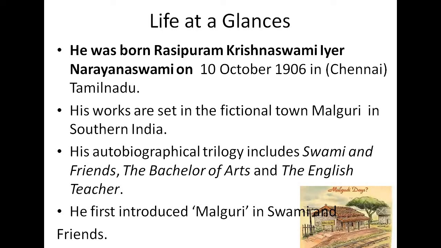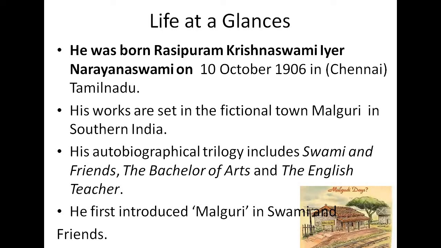Now, because it was a fictional town, it didn't have any real existence. But how did R.K. Narayan conjure this fictional town? He was just passing by his town and he saw a railway station, and the image of Malgudi started appearing to him.